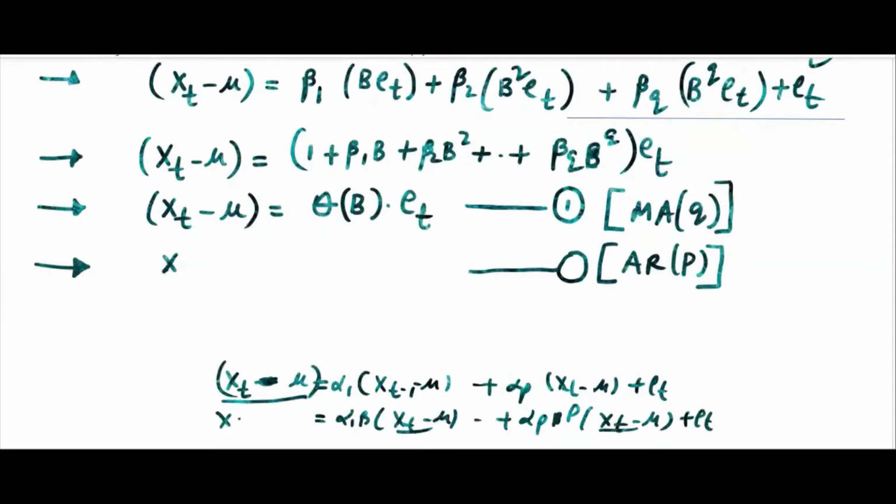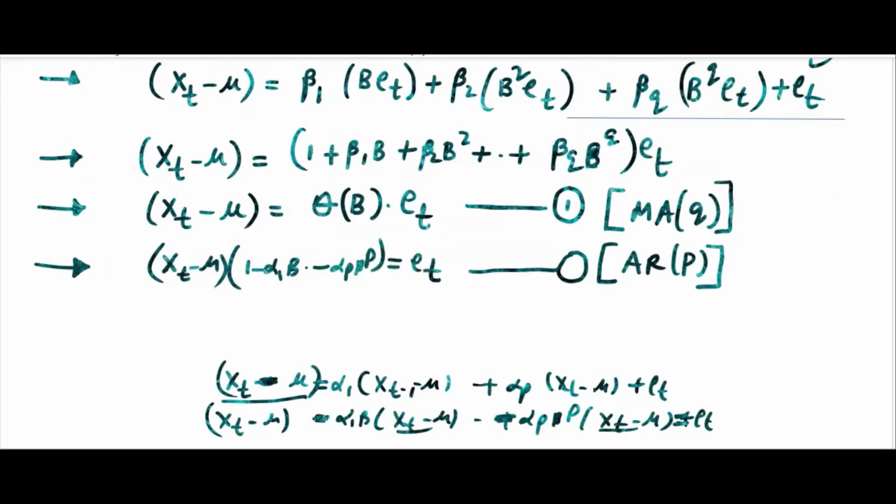X_t minus mu minus this, minus this is equal to e_t. That way you take X_t minus mu common, you will get 1 minus alpha 1 B minus alpha 2 B squared minus alpha p B^p. I can write here also (1 minus alpha 1 B minus alpha p B^p)(X_t minus mu) is equal to e_t.